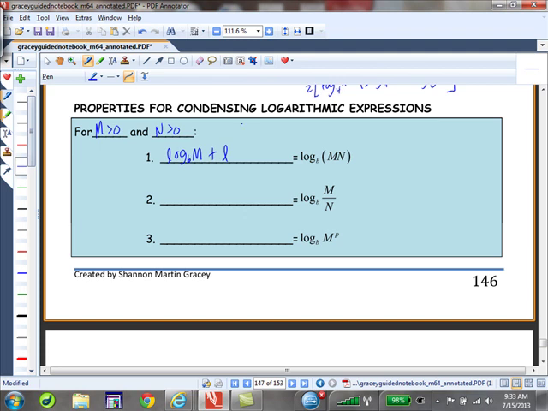Log base b of m plus log base b of n is equal to the log base b of the product. Log base b of m minus log base b of n is equal to the log base b of the quotient. And p times log base b of m is equal to log base b of m raised to the p.